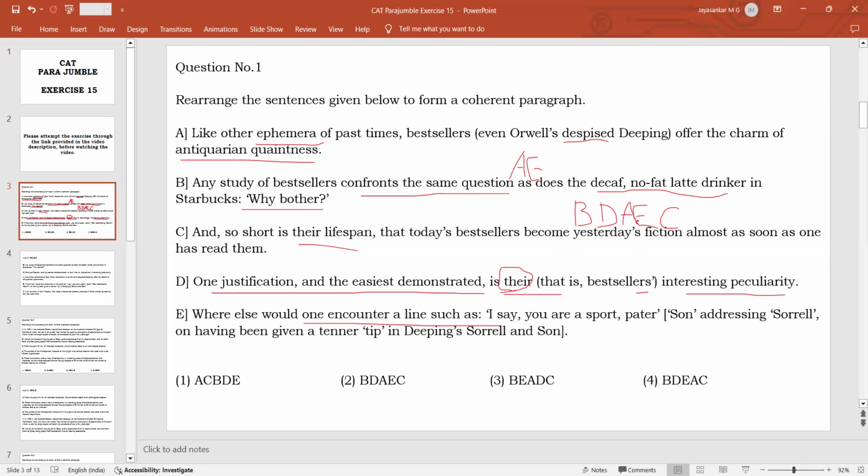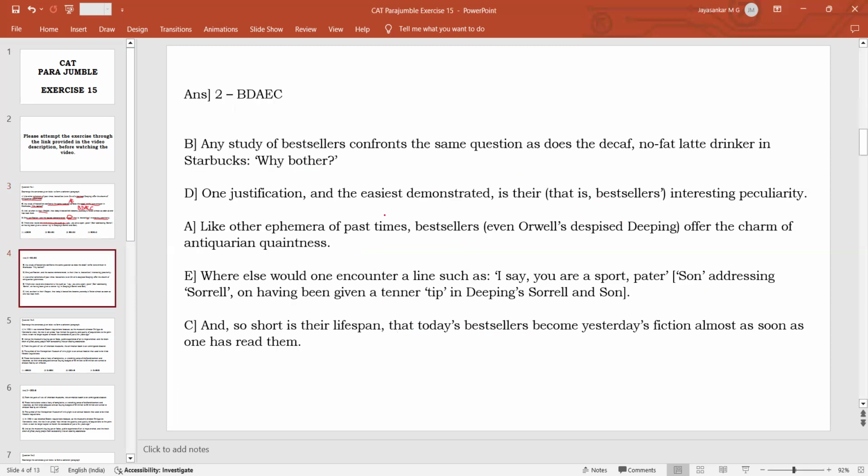That is why this is peculiar. And another aspect is their ephemeral quality, which is already stated when we talk about Orwell's. It means as soon as one has read them, they go out of our memory. So BDAEC becomes a very good logical sequence for this para jumble.